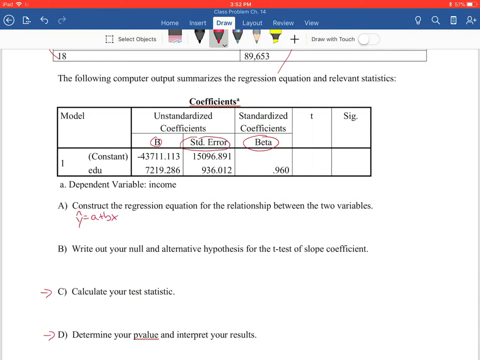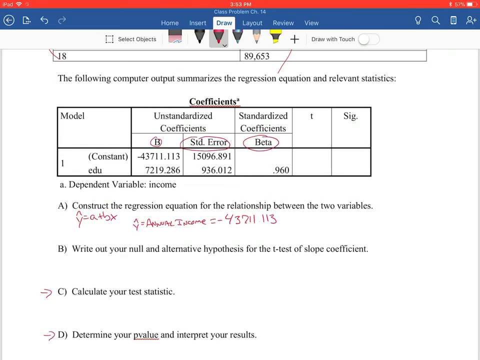So our equation is always going to be y hat equals a plus bx. For this particular one, to help you out, your y hat is also equal to your annual income. So that is your y variable.